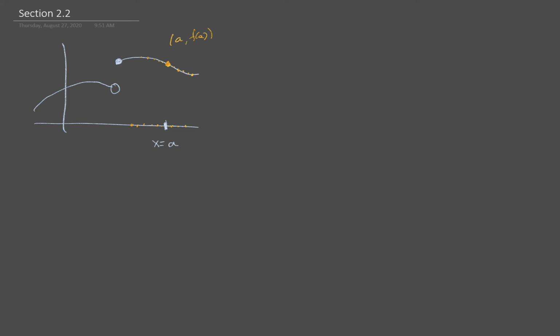Alright, so we've got some notation for this that I'm going to write down. This notation has a limit, and it says the x values get close to the value a. And then after the limit, we put in f of x.